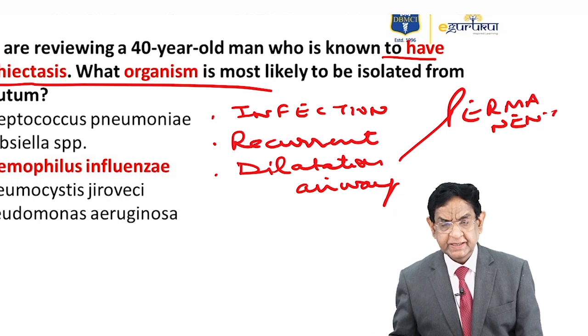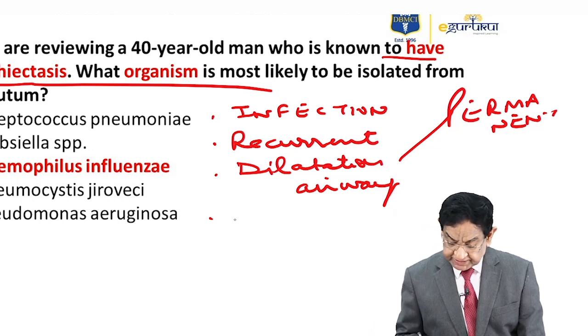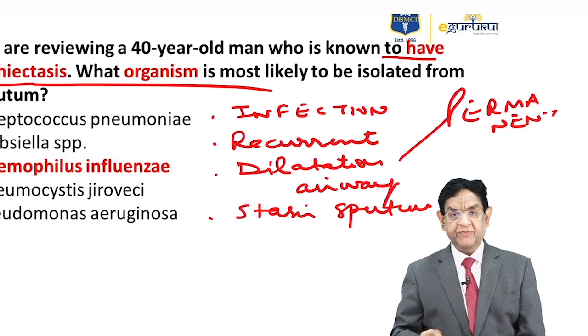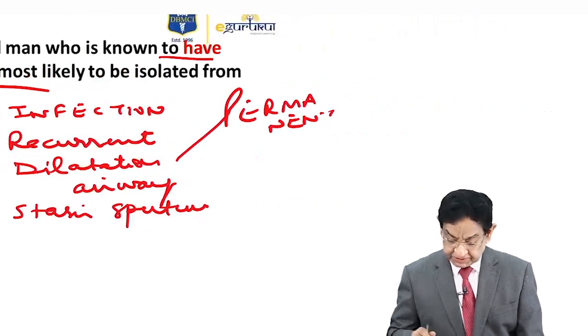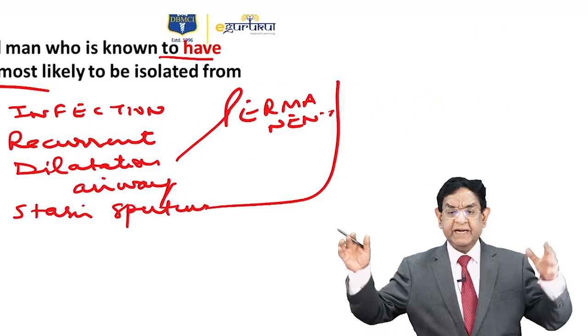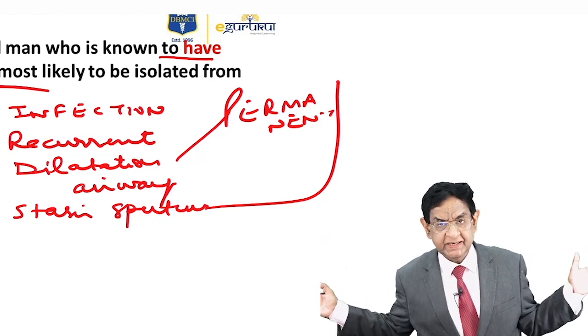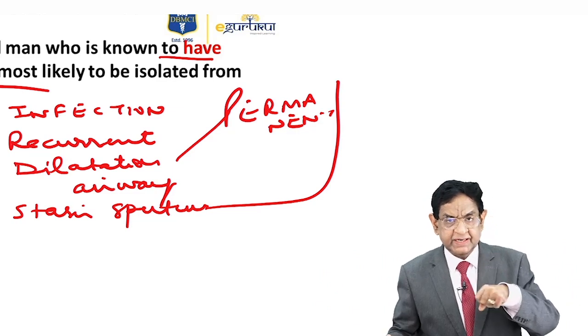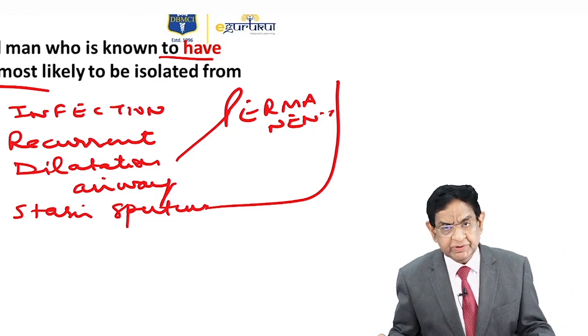That's why a lot of stasis of the sputum occurs. And this is a very, very important line: stasis of sputum, because with all the airways dilated, the airways are not able to contract and throw out the sputum, so that remains.